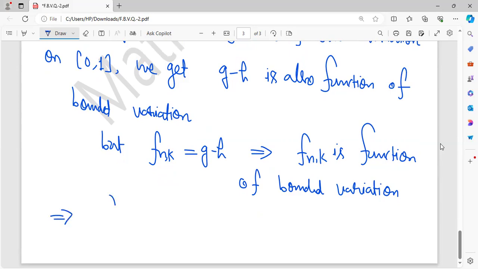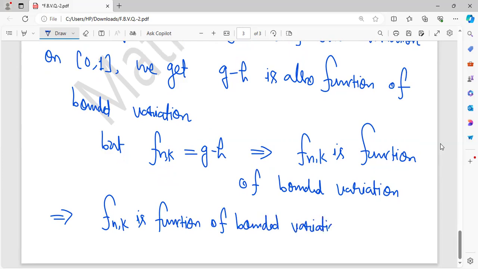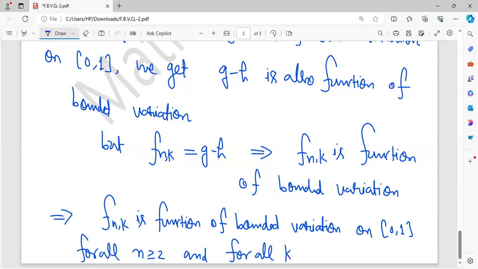So this implies f_{n,k} is a function of bounded variation on closed interval [0, 1] for all n greater than or equal to 2 and for all k greater than or equal to 0. Because you take any k greater than or equal to 0, h is going to be a monotonically increasing function, so it is automatically a function of bounded variation.